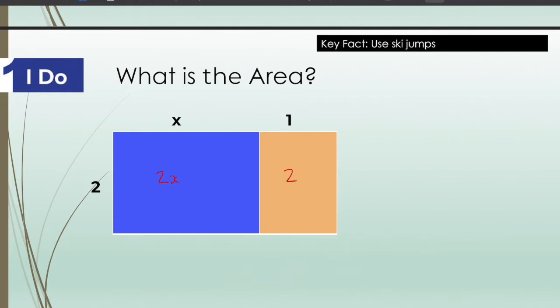But if we're thinking about the area of the entire shape, we have a couple of different options. We can multiply this whole side by this side. What would that look like if we did that? Well, along this long side here, we've got a length of x plus 1, and along this side we've got 2, so if we wanted to multiply those things together, it might look a bit like this.